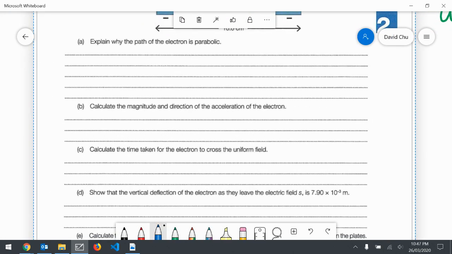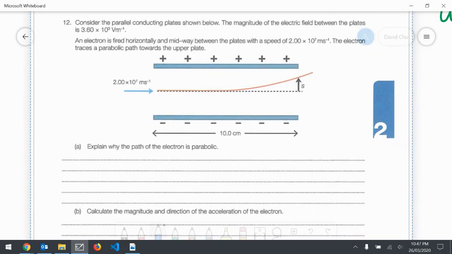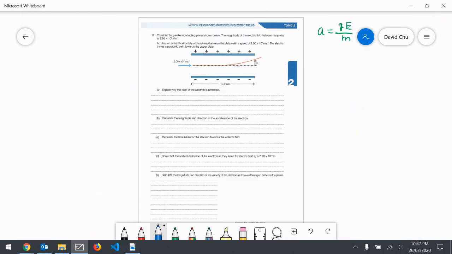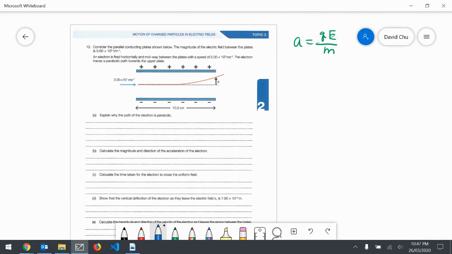Let me read the question first. Consider parallel conducting plates shown below. The magnitude of electric field between the plates is 3.6 times 10 to the power 3 volts per meter. An electron flies horizontally midway between the plates with a speed of 2 times 10 to the power 7 meters per second. The electron traces a parabolic path towards the upper plate.